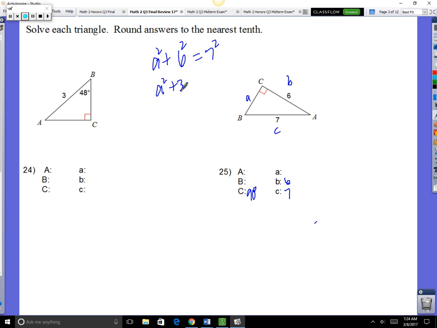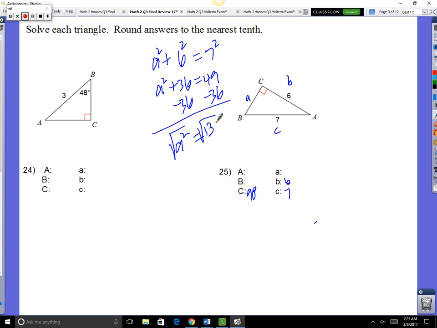A squared plus 36 equals 49. Now let's solve for a. So let's minus 36 from both sides, and you got a squared is 13, and undo the square, so square root, square root. And that's a irrational number.